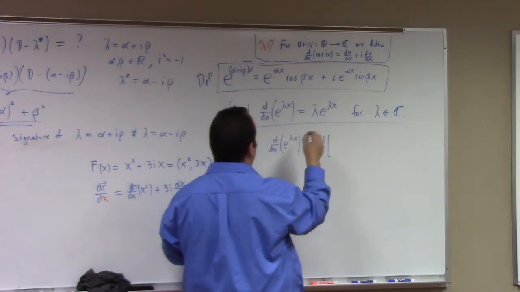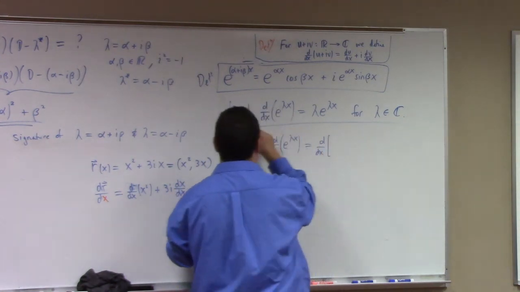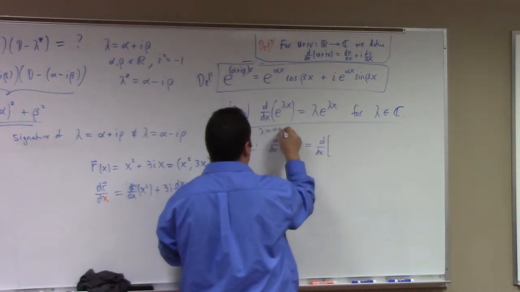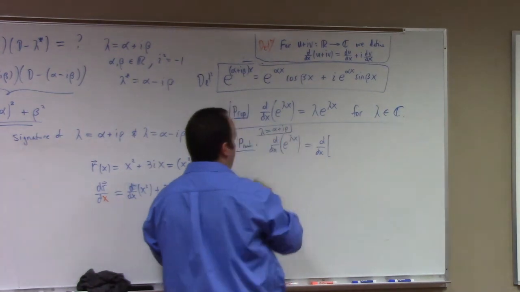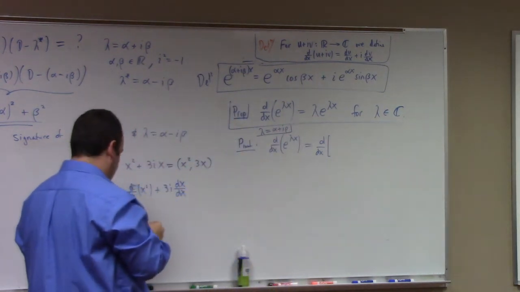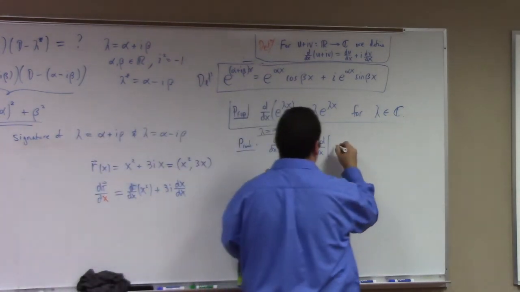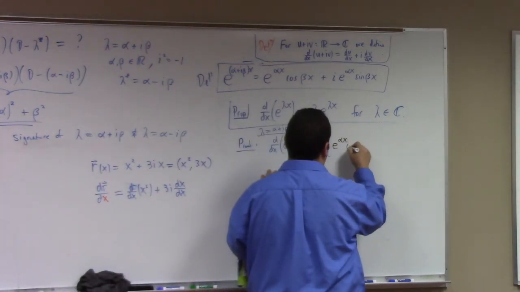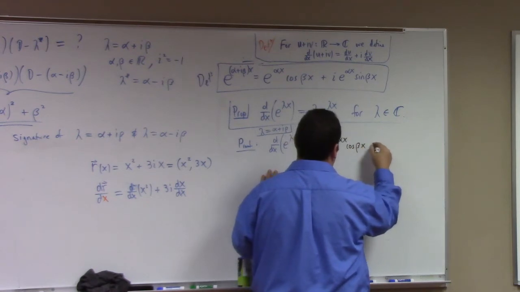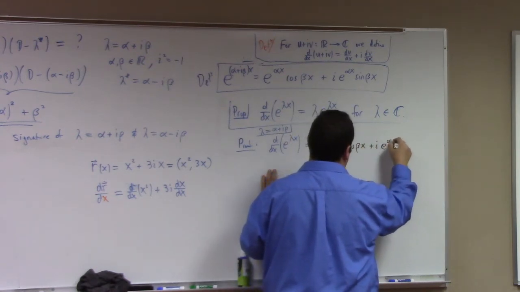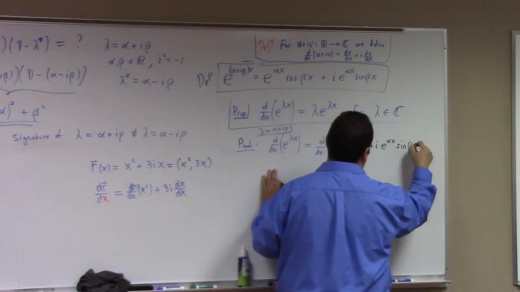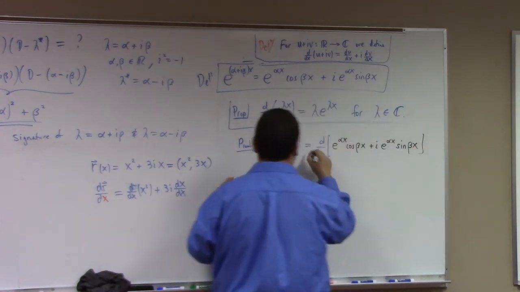Well, here I'm going to put lambda equals alpha plus i beta, since I've introduced that labeling. So here you go. We've got e to the alpha x cosine beta x plus i e to the alpha x sine beta x. We've got to do this differentiation.